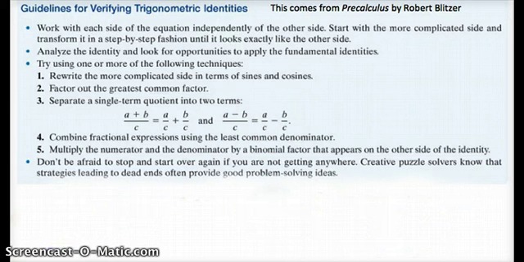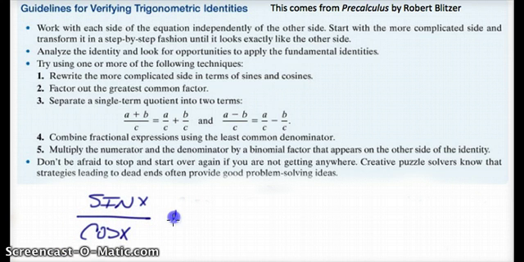All right, let's read number 4. Combine fractional expressions using the least common denominator. This is a good question right here. Now here we're adding 2 rational expressions using trig ratios.